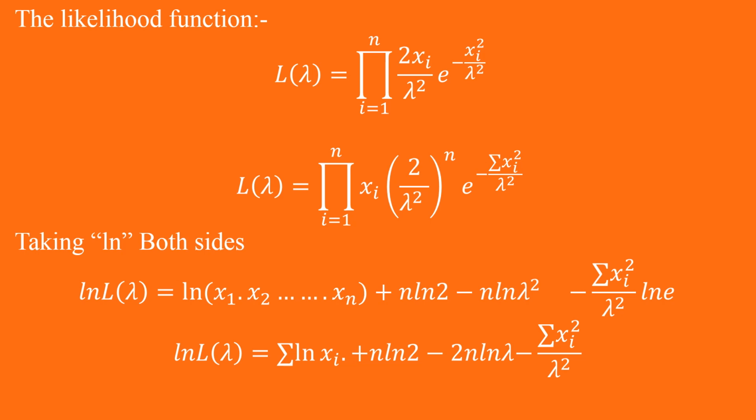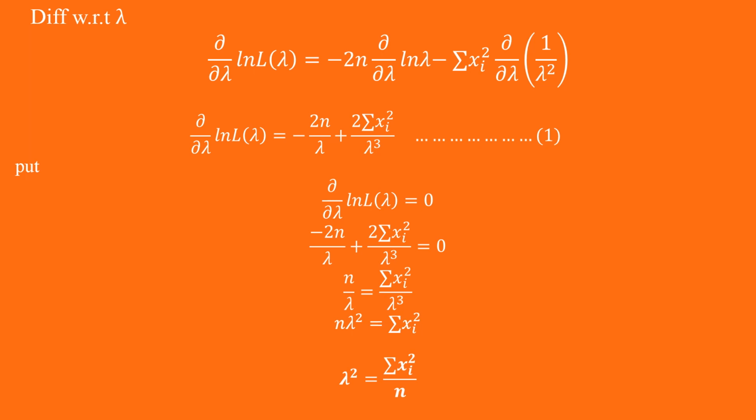Now we differentiate this to get the estimate. Differentiate with respect to lambda. We have minus 2n times the partial derivative of ln lambda. Similarly, minus summation xi square will be as it is into the derivative of 1 over lambda square. Here the derivative of ln lambda is 1 over lambda.